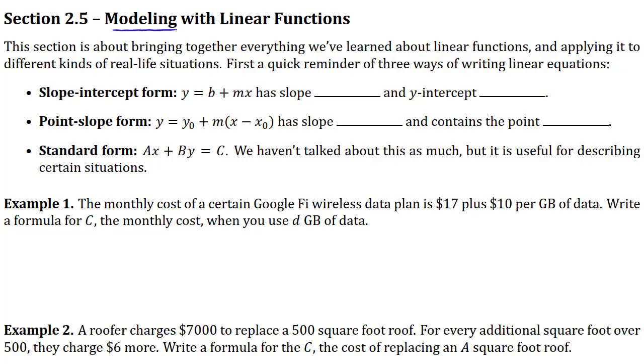So with that in mind, let's look at these different forms of linear equations. Something that these all have in common is that y and x are the variables, but everything else that I'm highlighting here is some specific number: the b and the m and the y0 and the x0 and the a and the b and the c.